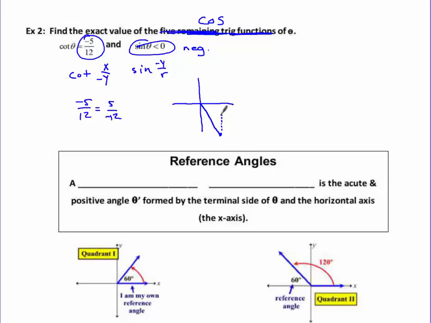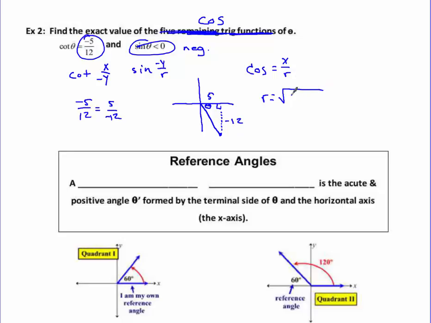But we have our nice right triangle here. The angle goes right there in the corner. X is 5, y is -12, and we want to find cosine. And we know that cosine is x over r, so we just need to find r.